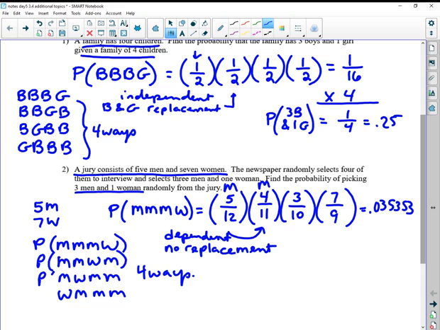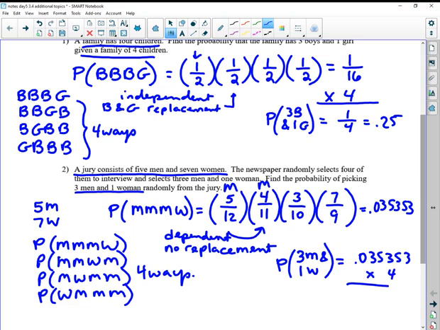It's just that order is commutative for multiplication, so we can do that. So the probability of getting 3 men and 1 woman will be 0.035353 times 4, or 0.141. So slightly different situation.